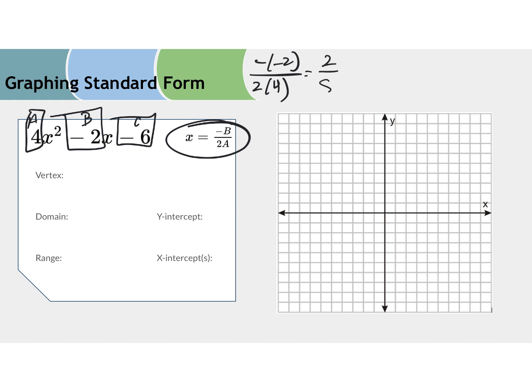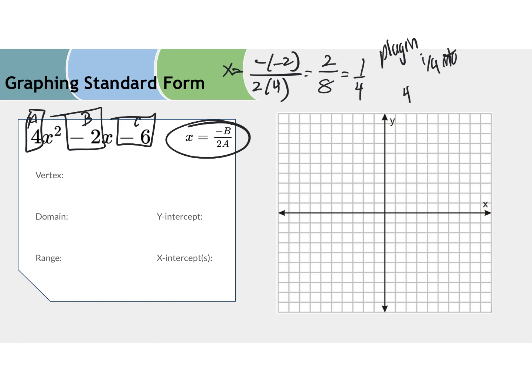So that's 2 over 8, and that's 1/4. This is not going to be a really pretty number here. Now, that just gives me x, so we have to now plug 1/4 into the big equation that we have there.